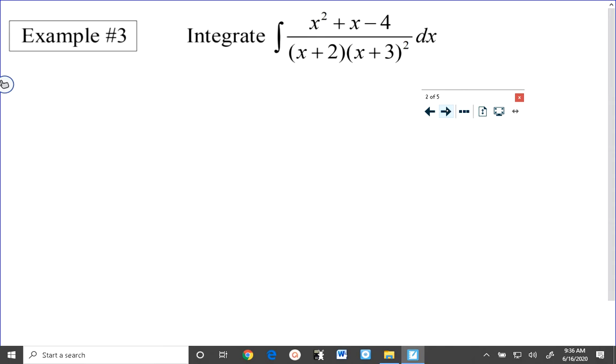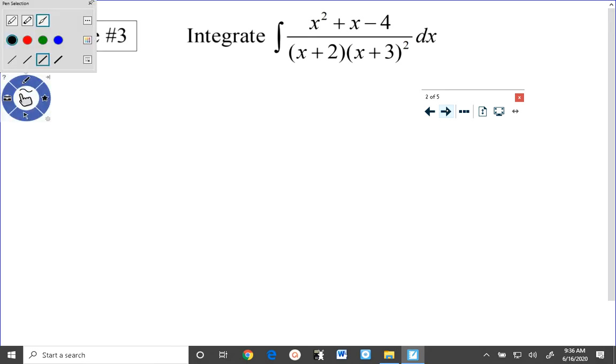And this denominator does factor into all linear factors. There are two unique factors, x plus 2 and x plus 3, and they're both linear. One of those factors, x plus 3, has a multiplicity of 2, and that's what sets this example aside from the examples we did on Monday.